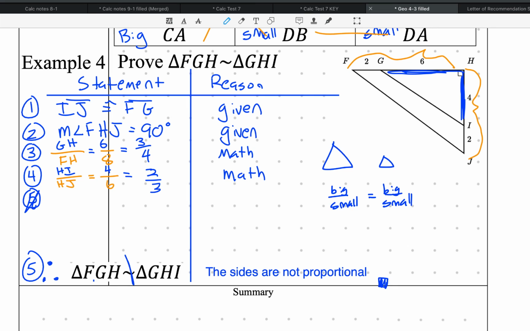Or you can just compare sides. You can do, say, big side here and small side as your category, and then you can do the big triangle over the tiny triangle is equal to the big triangle over the tiny triangle. Both of these proportions will work, no matter what your category is.